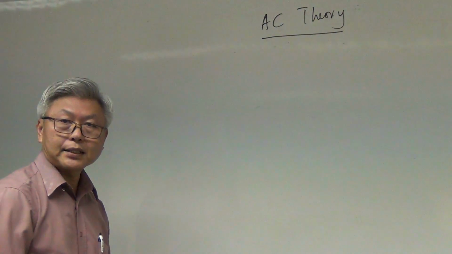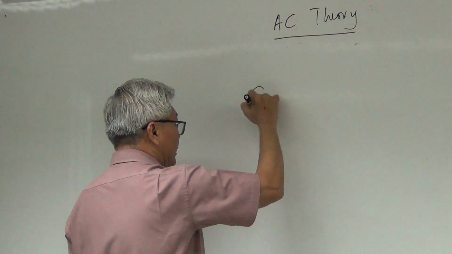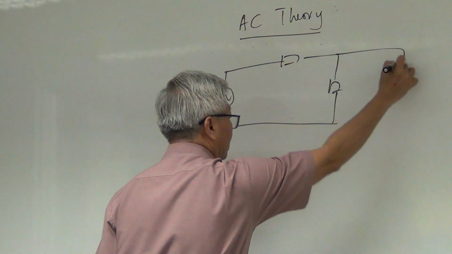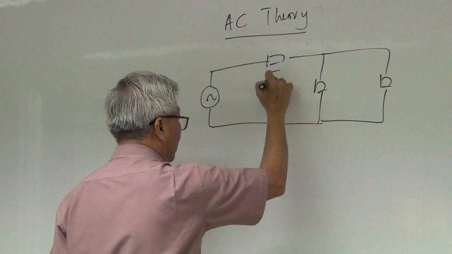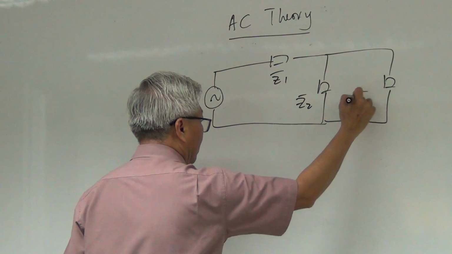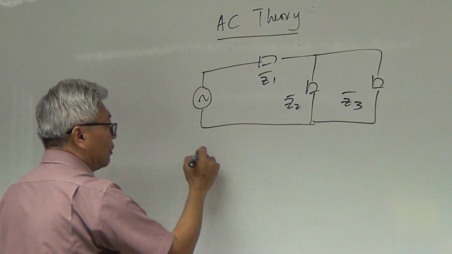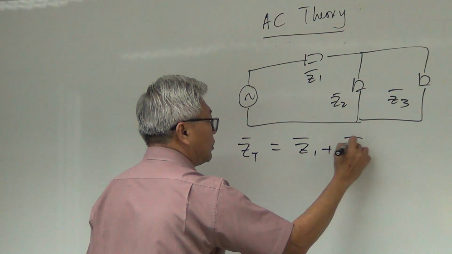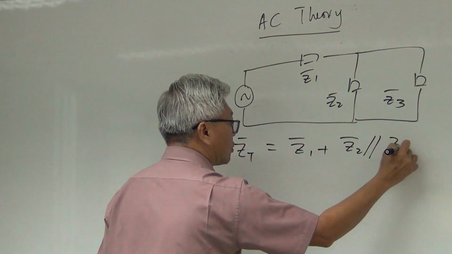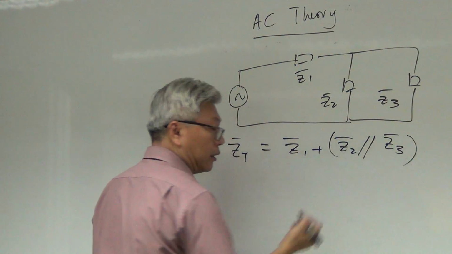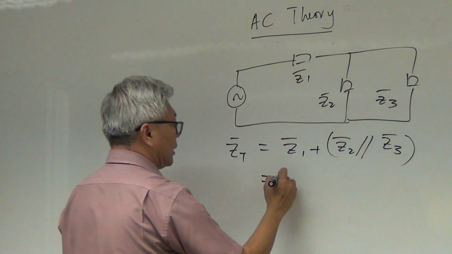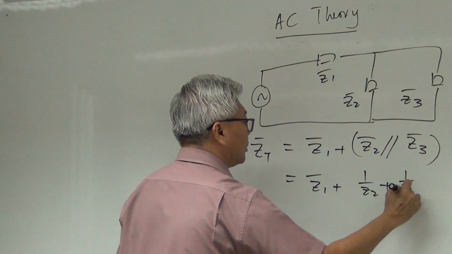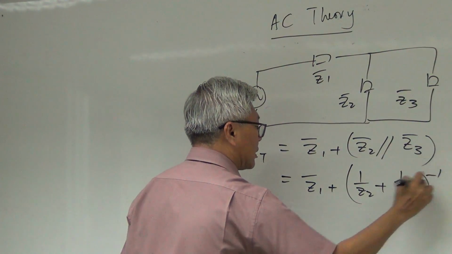Alright, let's try another example. If I have an AC circuit, I have three impedances. Right? Impedance 1, impedance 2, impedance 3. Then to find the total impedance, I say it is impedance 1 plus impedance 2 parallel with impedance 3. Correct? Yes. Then I say impedance 1 plus 1 over impedance 2 plus 1 over impedance 3, inverse.